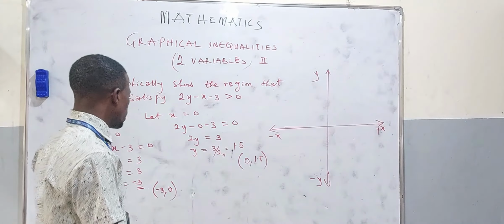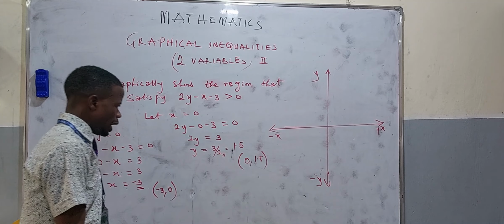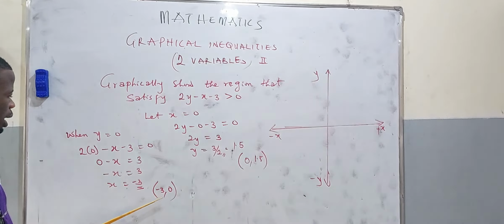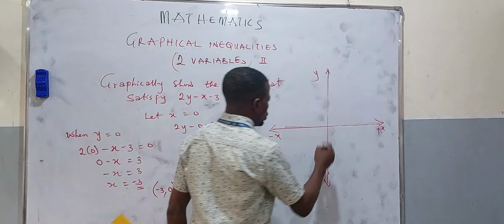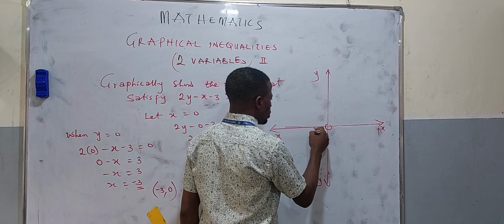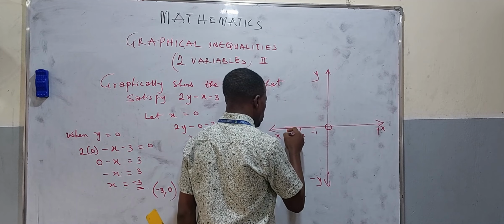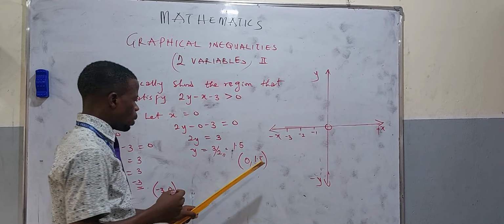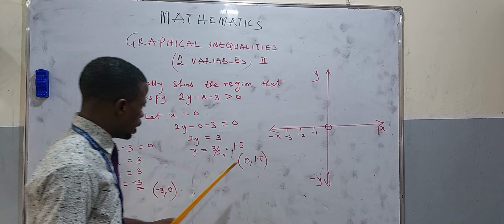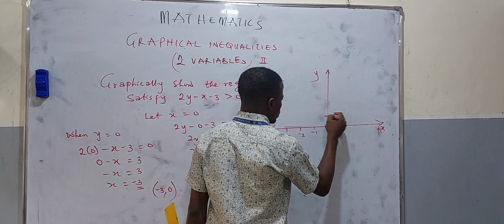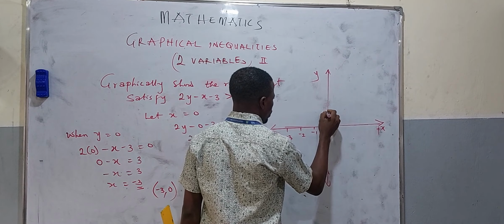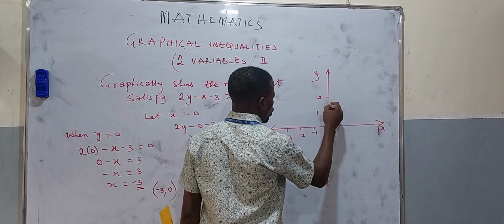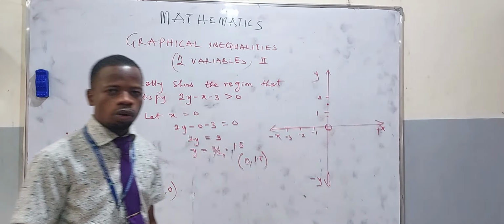For the x-axis, I need 0 here and minus 3 here: this is 0, minus 1, minus 2, minus 3. For y, I have just 0 and 1.5. Let me call this 1 and this 2, so 1.5 is between 1 and 2.